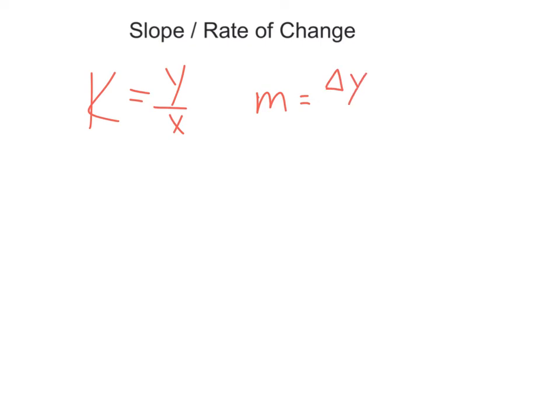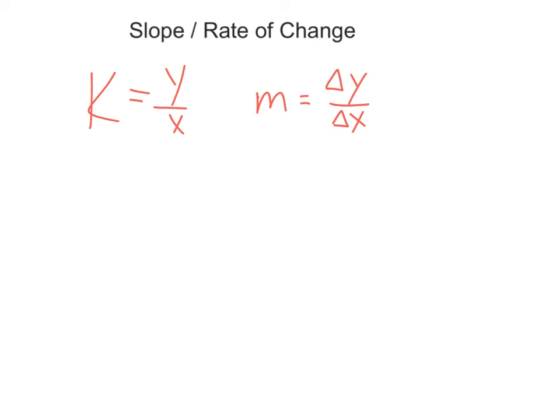It's this right here. Triangle y over triangle x. Triangle means the change in. Why? I don't know. That's just what they use. I didn't make it up. But the change in y over the change in x.